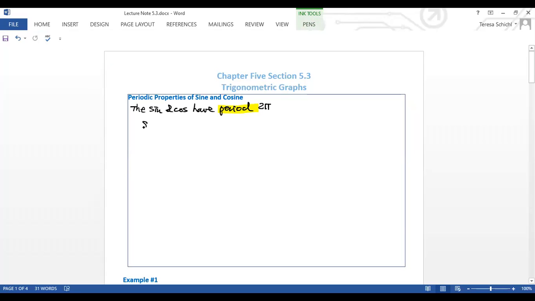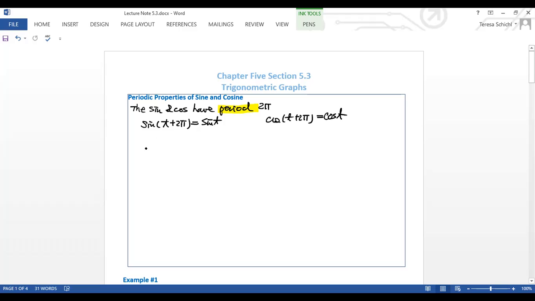So sine of t plus 2 pi means you turn the whole circle, and this is equal to sine t. Cosine of t plus 2 pi is equal to cosine t.